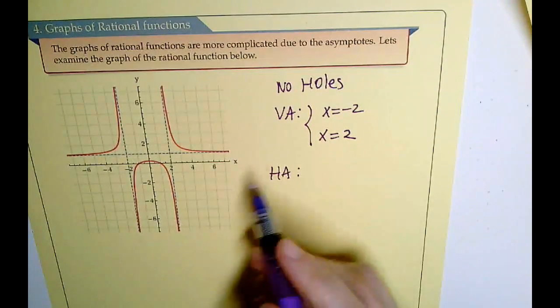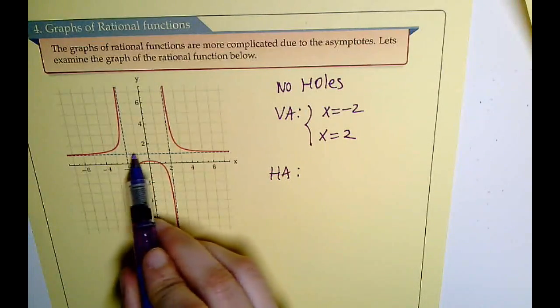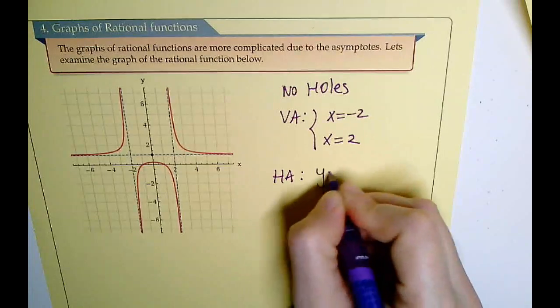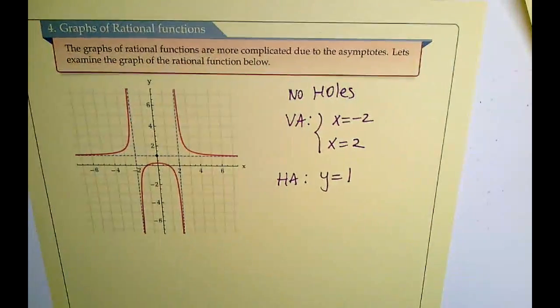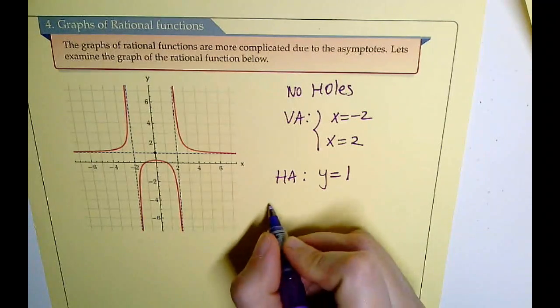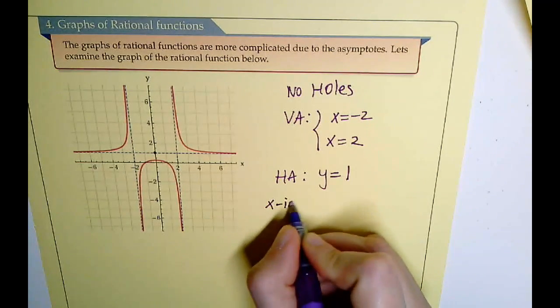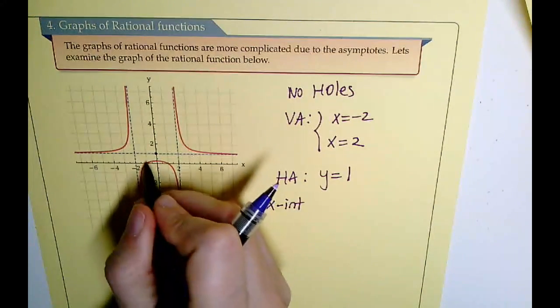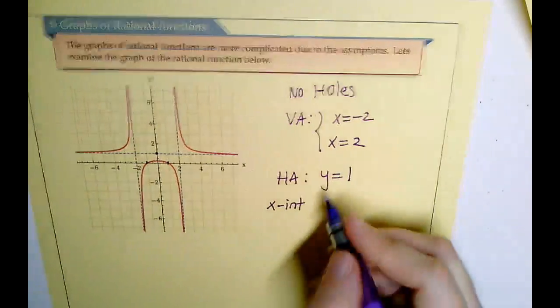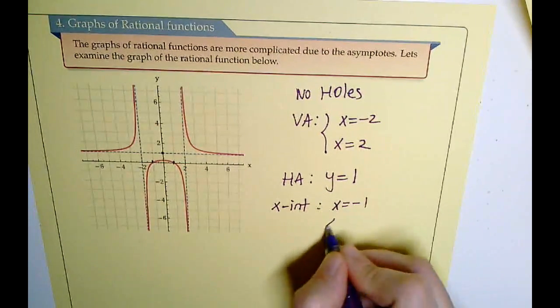What about a horizontal asymptote? I see one right here, which should be 1. So it's y equals 1. What other pieces of information can I get from here? What are the x-intercepts? I see that it crosses the x-axis here and here. This is negative 1 and this is 1, so x equals negative 1 and x equals 1.